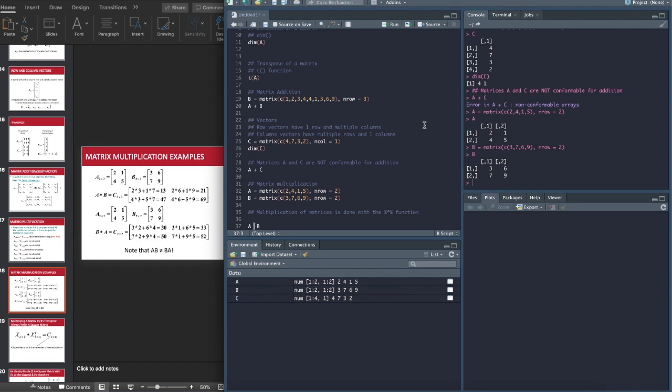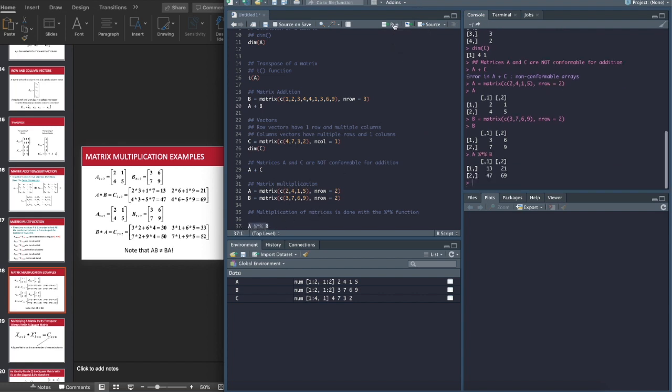I would need to use percent asterisk percent, and in that way I can multiply these two matrices. If I run that, I would get the values 13, 21, 47, and 69, which is what we got here. That would be A times B.